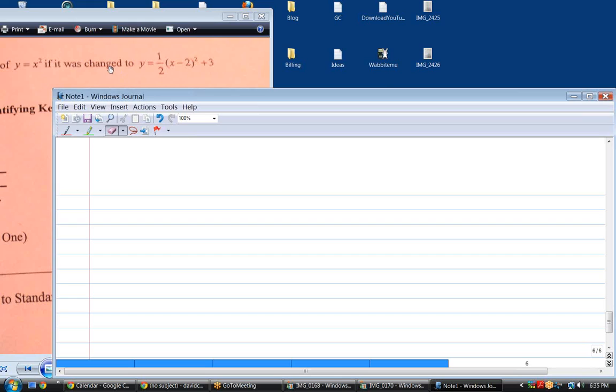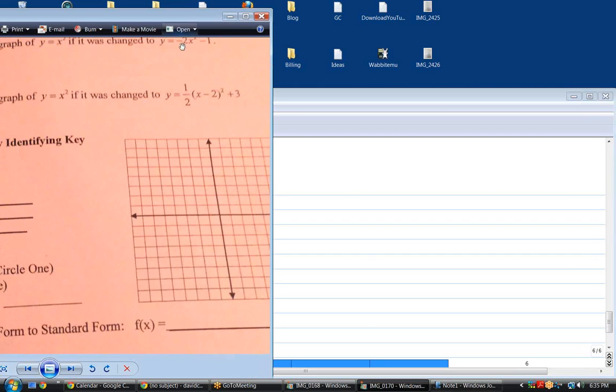The last problem was a vertical stretch because it had a 2. This is 1/2. 1 is the dividing line. In other words, numbers greater than 1 are vertical stretches. Numbers between 0 and 1 are vertical squeezes or scrunches or whatever you want to call it.